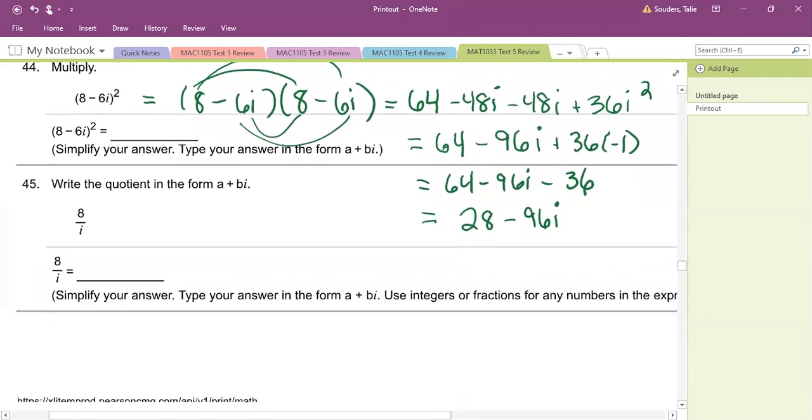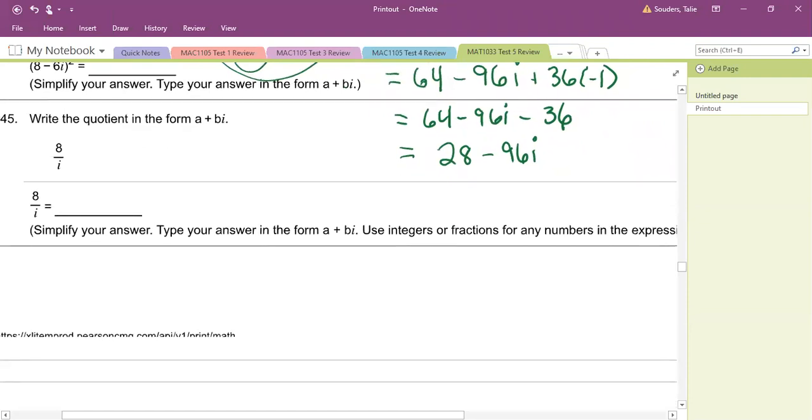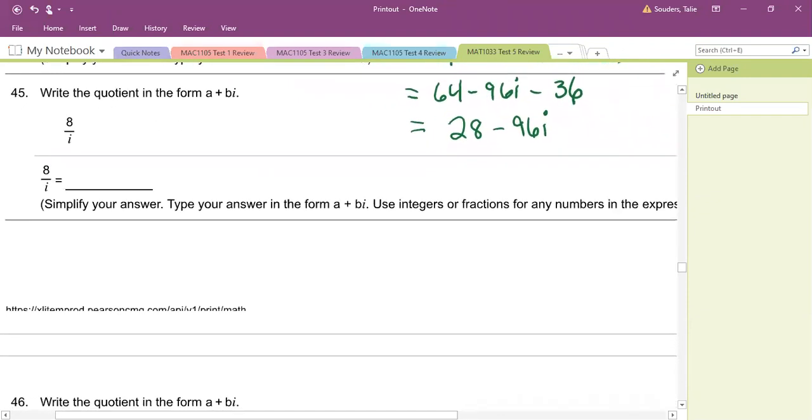Number 45, finding quotients is actually similar to what we did earlier when you rationalize the denominator. So when there's only one term in the denominator, you can multiply by i. Kind of like when you have a radical, you just multiply by whatever the radical is. So here you can multiply by whatever the complex number is, which in this case is just i. That works if you only have one term.